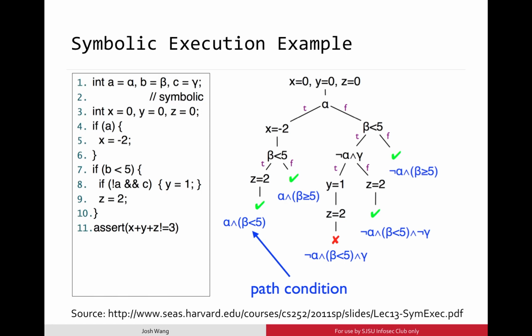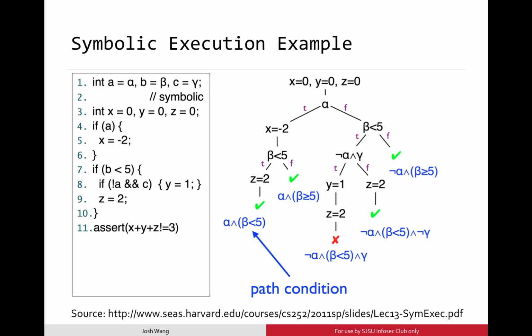So here's a visual interpretation of what symbolic execution looks like. You can see the code on the left, and then the corresponding binary tree on the right. At the root you have alpha, and then based on whether that condition is true or false, you go down one branch or the other. If it's false, you go here and read the next constraint, which is beta less than 5.